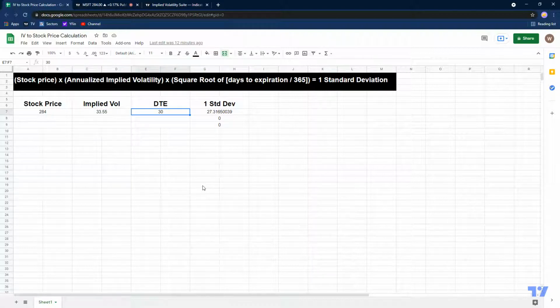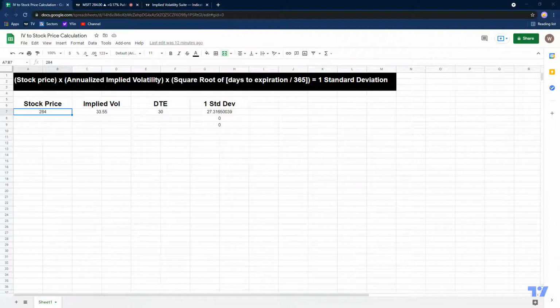So one standard deviation is 27.31. This is the range, plus or minus 27.31 above or below 284. That's what the market predicts this stock will be in 30 days from now.